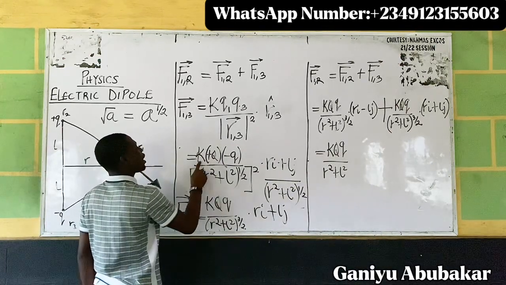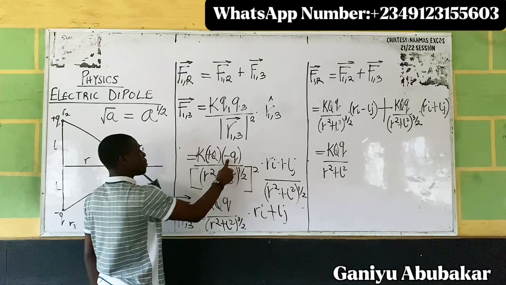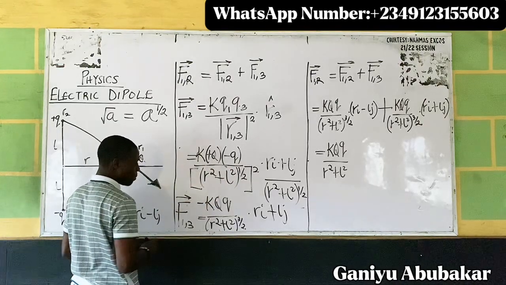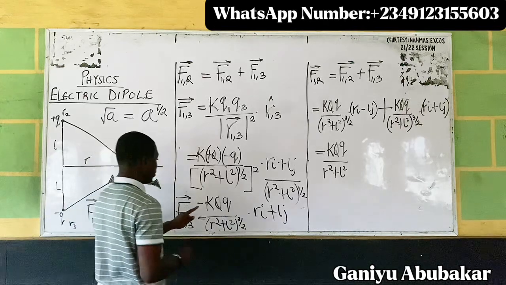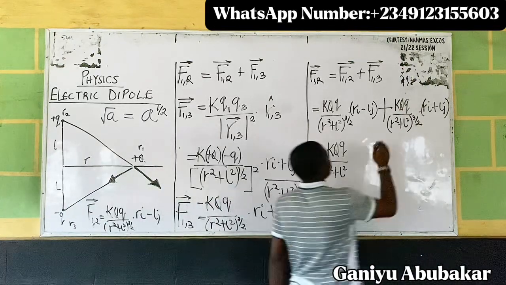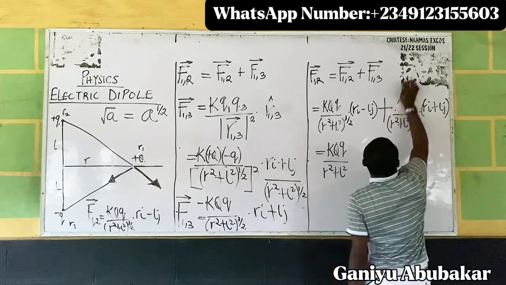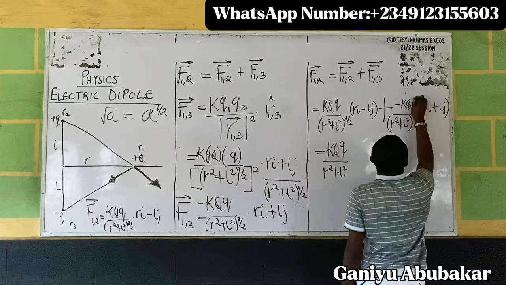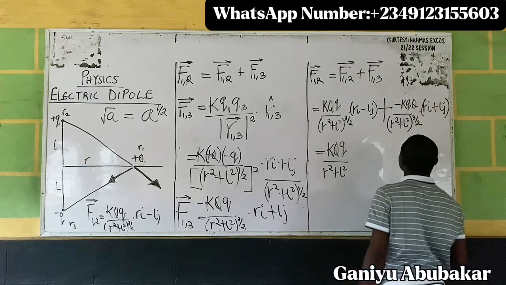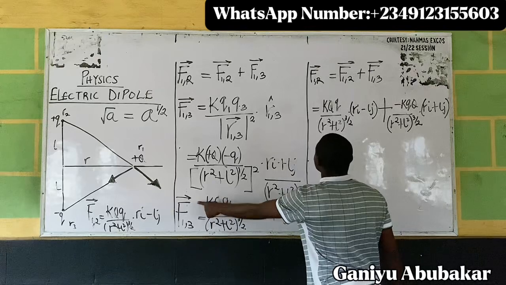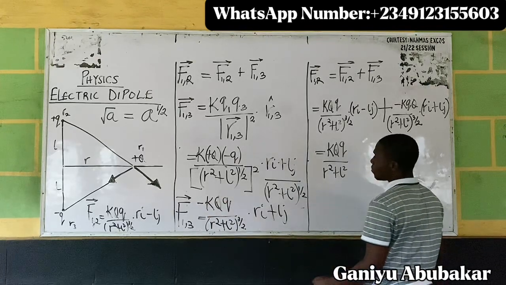I multiply kq by minus q, I should have a minus value here. This minus should be here in my answer. There should be a minus here, minus kqq. From this one here, it will affect everything. This here should be minus.